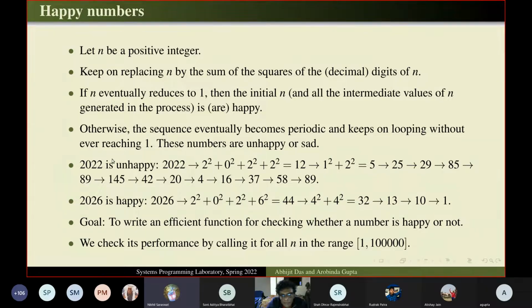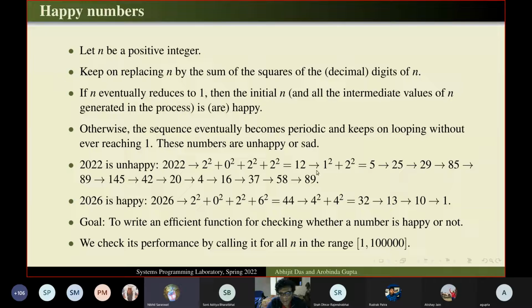So the first idea is that if I find that this thing eventually reduces to 1, then of course I know this is happy. Otherwise, I have to find the cyclic behavior. Here this 89 is the first thing that is repeated. What if 85 was repeated? 25 may have been repeated. So the idea is that whichever numbers are generated so far will be remembered.